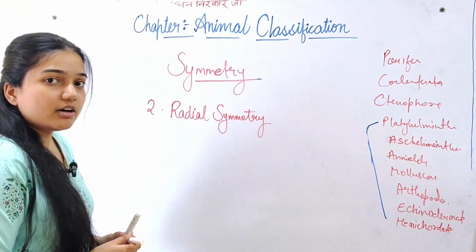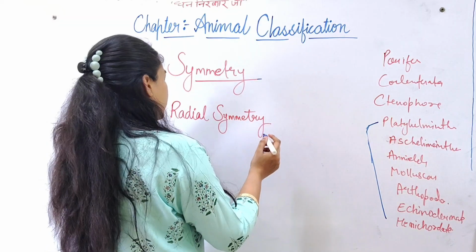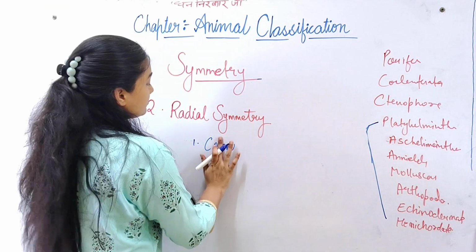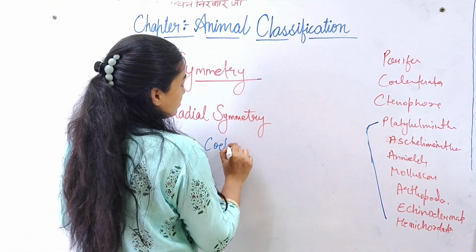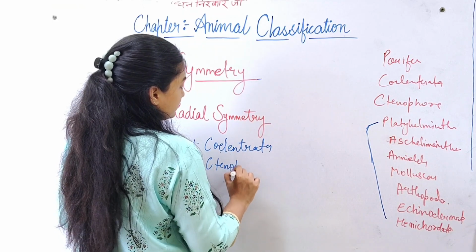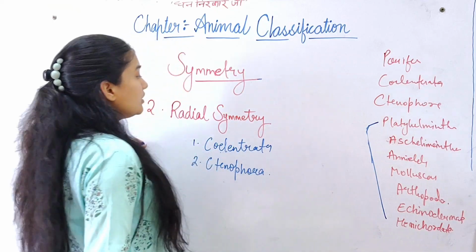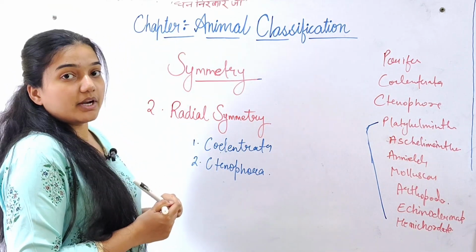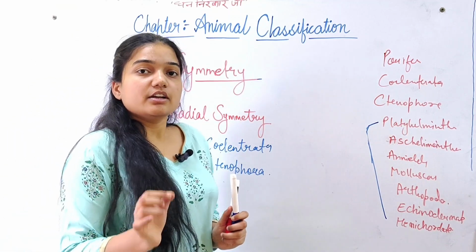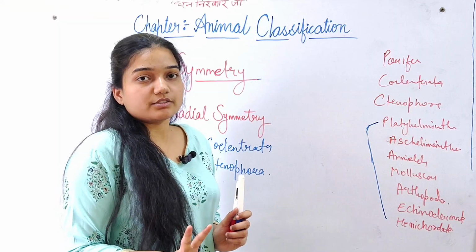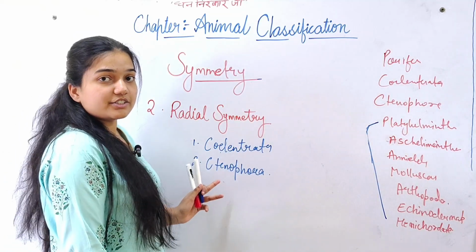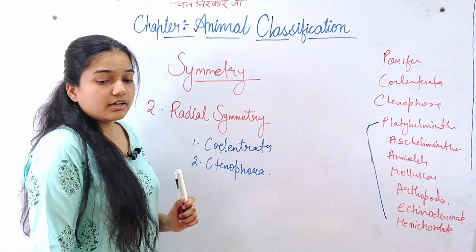The phyla that come under radial symmetry are Coelenterata and the next one is the Ctenophora.